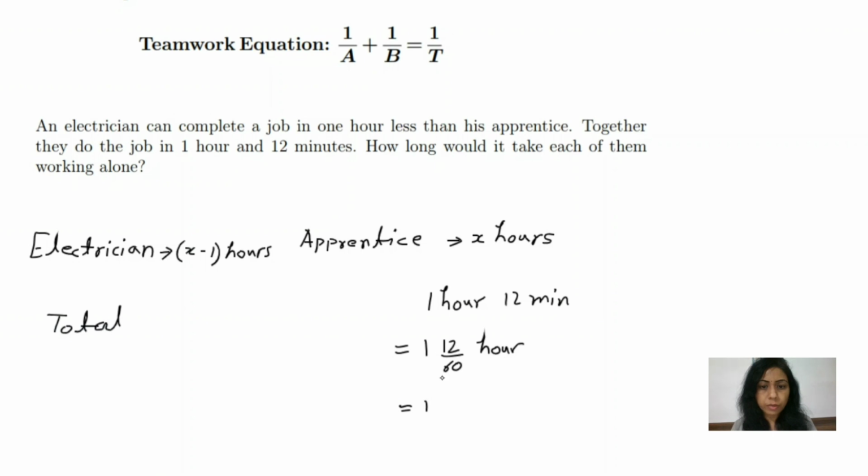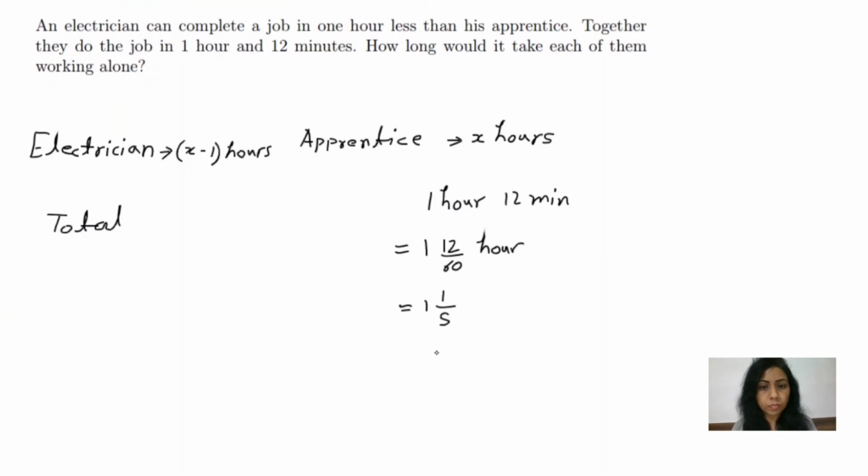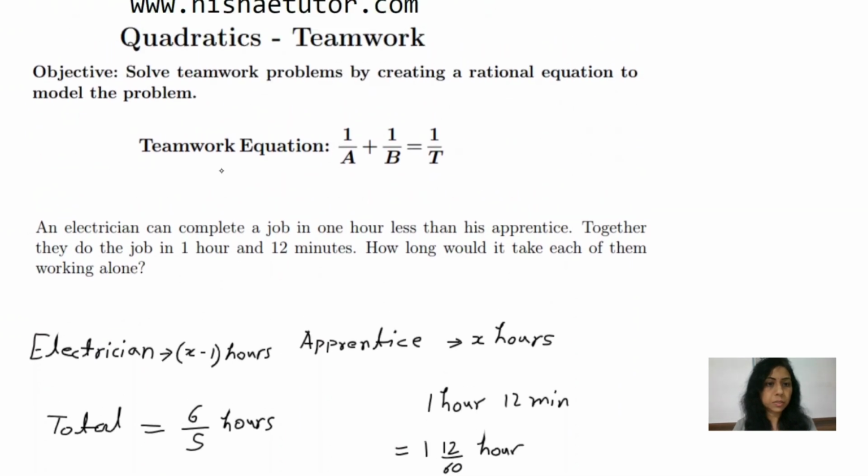So 12 over 60, and when we convert into an improper fraction, 5 times 1 is 5, 5 plus 1 is 6, 6 upon 5 hours. So the total is 6 upon 5. These values we can substitute in this equation: a value x minus 1, b value x, and t value 6 upon 5.